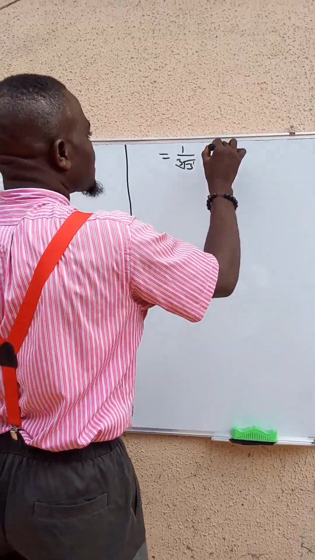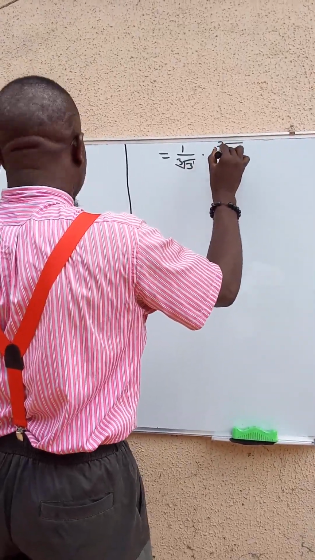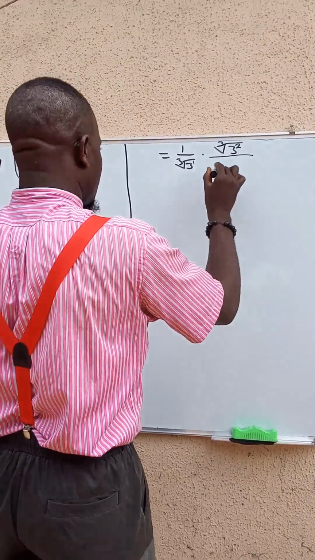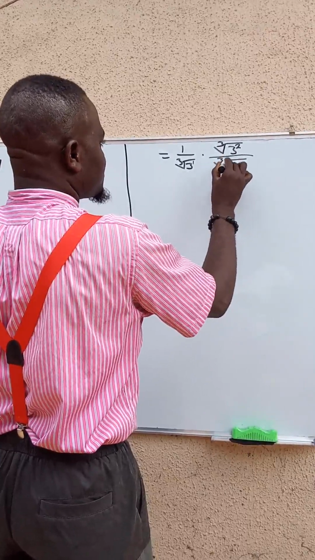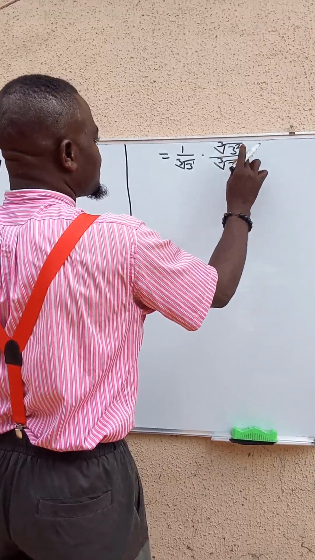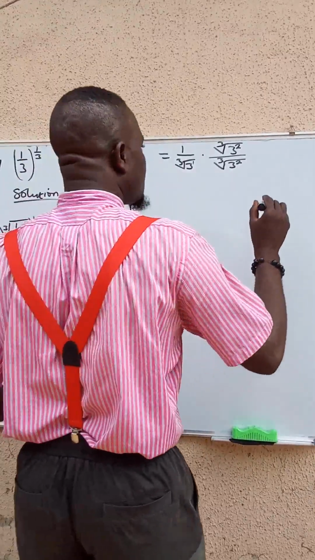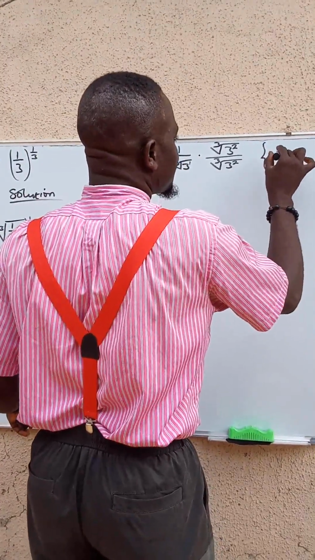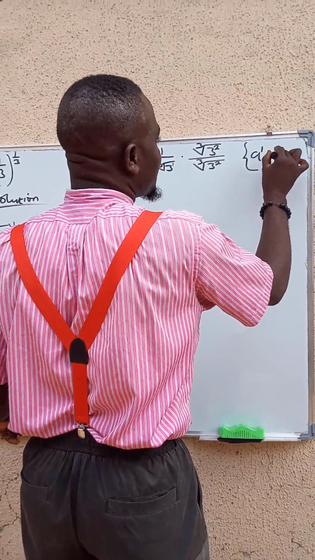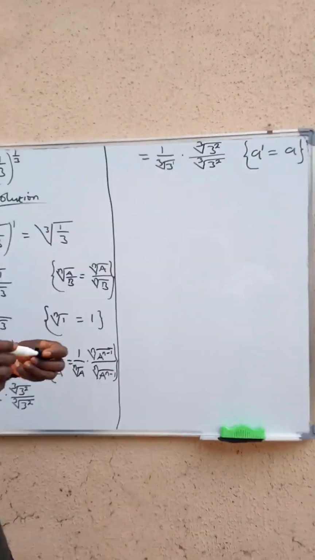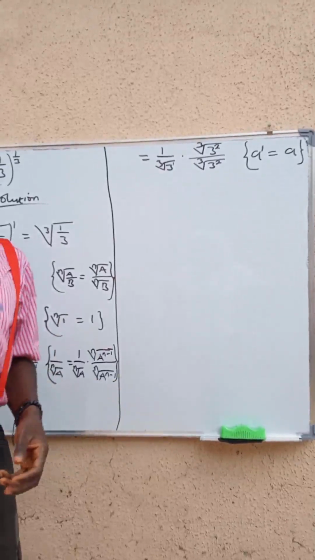Dot the cube root of 3 raised to the power of 2 over the cube root of 3 raised to the power of 2. Yes, because you all know that if I have a raised to the power of 1, it is the same thing as a. 1 million raised to the power of 1 is 1 million.